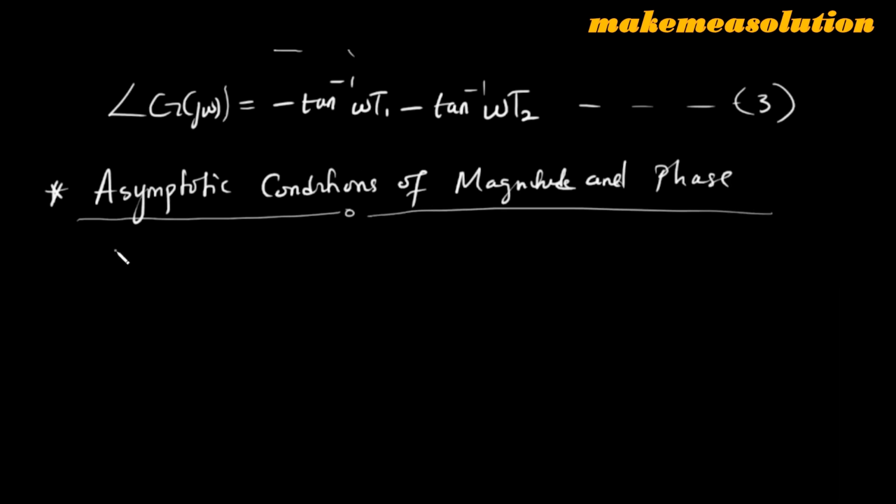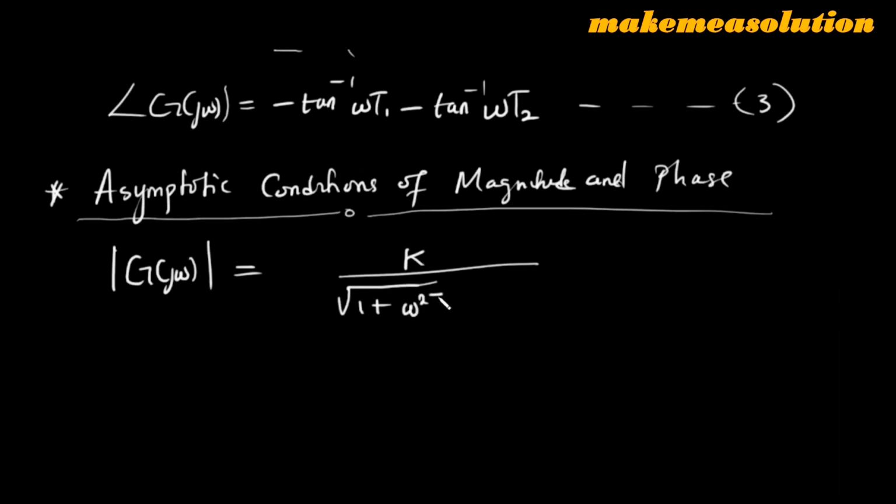So our magnitude of G of j omega was calculated as K all over the square root of 1 plus omega square t1 square, then square root of 1 plus omega square t2 square.